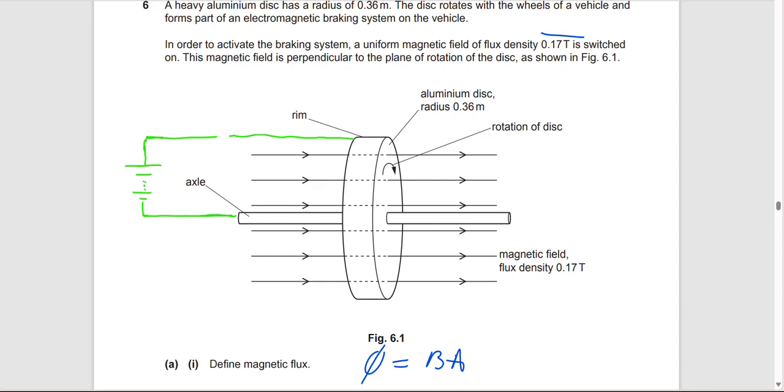But to not confuse you, let's just say it's connected to a circuit, just like that. That's the best way not to confuse you.